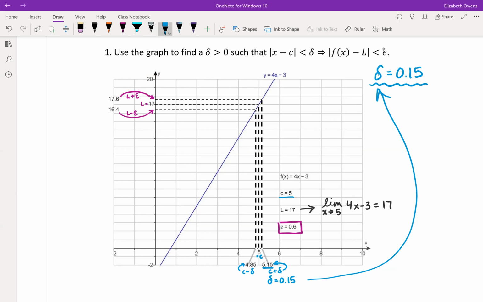So we found that, and this guarantees us that as long as the distance between x and c is less than 0.15, that means x being in this interval here, that will imply that the distance between f of x and L is less than 0.6, which would be this interval right up here. And we can see from the graph that that is true.